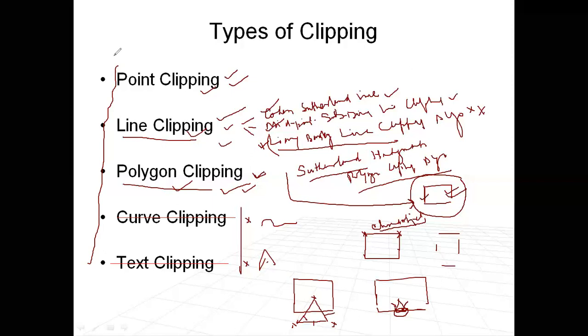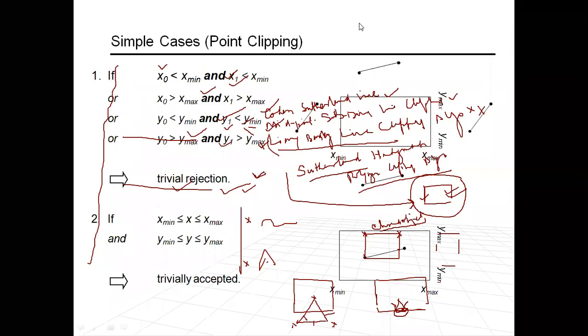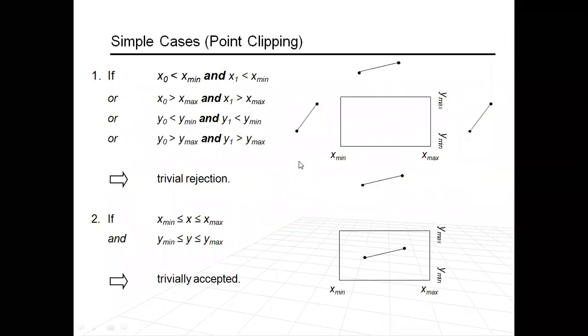Okay, so let's have a discussion on the point clipping algorithm. What is the point clipping algorithm? Basically, the point clipping algorithm allows you to identify whether a point is lying within the visible region or outside the visible region.